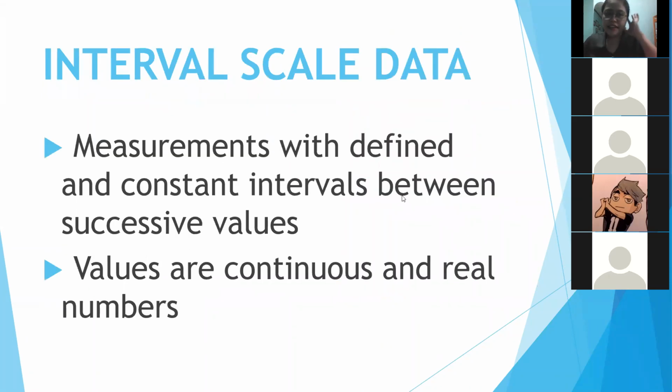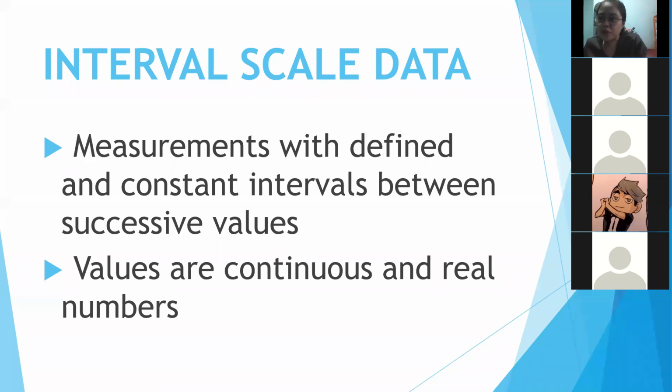Okay. And then the next one is called interval scale. So pag interval scale naman, ano dyan siya? Measurements with defined and constant intervals between successive values. So naagihapon tayo numerical data, and our data here are real numbers.